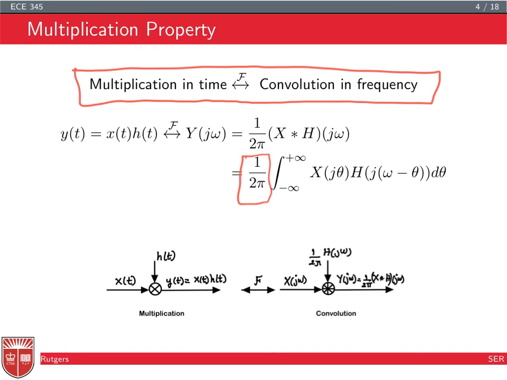So multiplication in the time domain is equal to 1 over 2 pi times convolution in the frequency domain. The 1 over 2 pi is there because we have preferred to use omega as our frequency variable instead of f. So don't forget this factor of 1 over 2 pi.